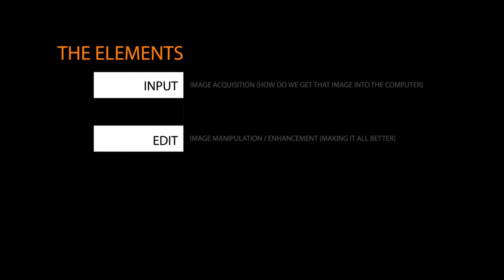The other component, edit. Okay, image manipulation and enhancement. This is where we make things all better. And some of the things that we will address using Adobe Camera Raw and the raw processors, whether they be launched from Bridge or Lightroom, we're going to address white balance, tonal range, and tonal range just means that we're going to actually address the values in the image.